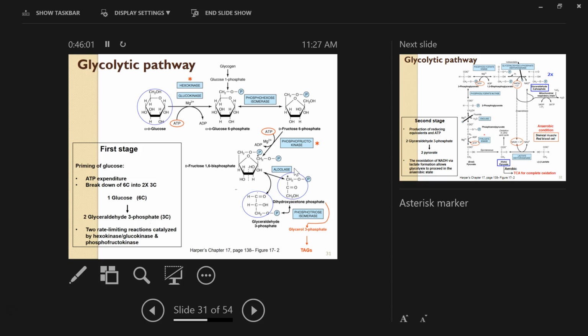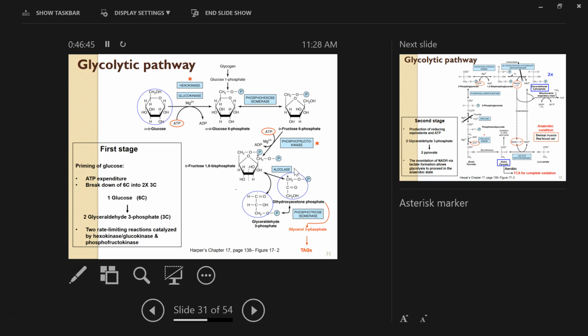The first reaction: glucose is phosphorylated to glucose 6-phosphate, and this is one of the key reactions, catalyzed by glucokinase or hexokinase. These 2 enzymes catalyze the same reaction, but in different tissues. For example, in the liver, glucokinase is more active, at a higher level than hexokinase, so in the liver glucokinase may be the predominant enzyme.